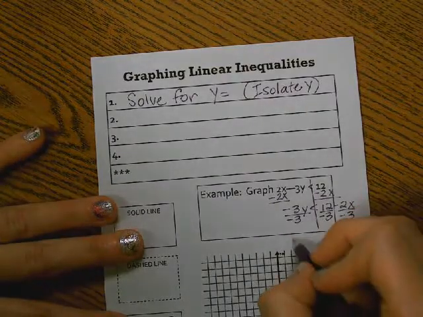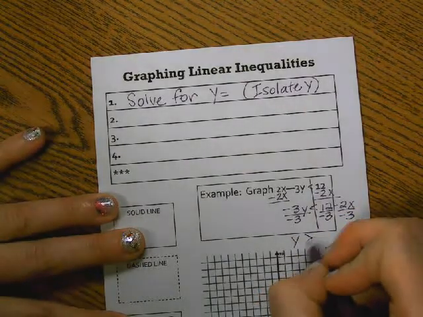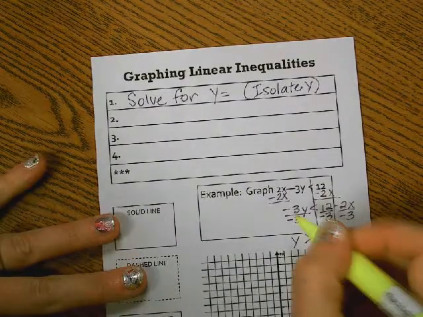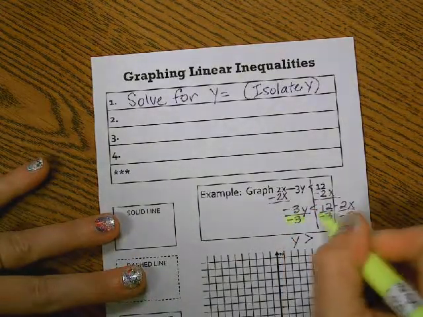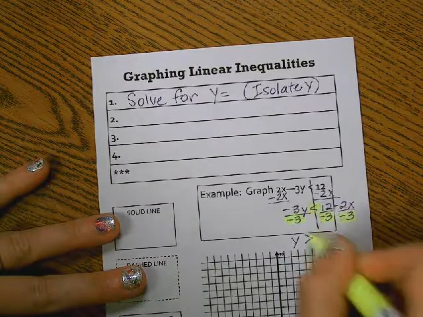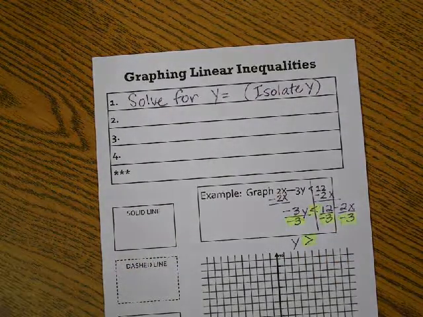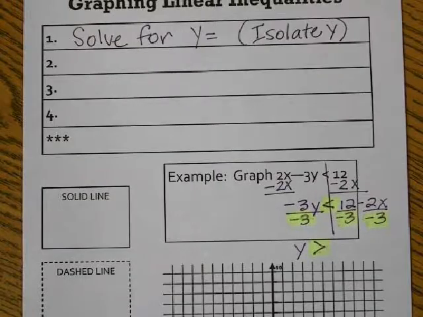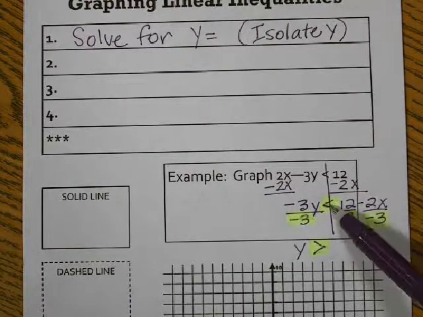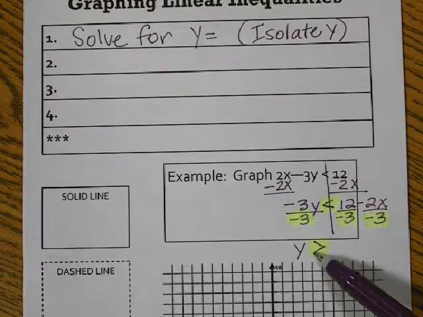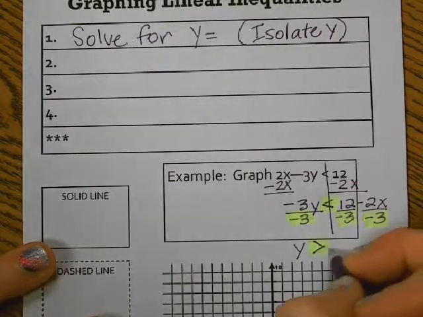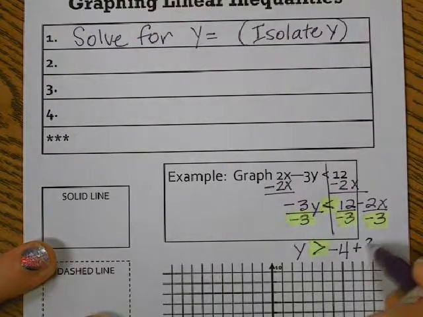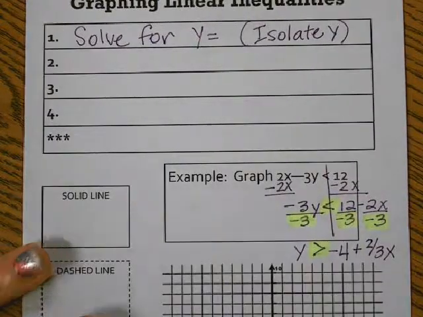And so when you're done, you get y is greater than, why is it greater than? That's because anytime we divide by a negative or multiply by a negative, we have to follow that golden rule, remember? So we divided by a negative, so we have to flip the sign. So it was less than, and now we flip it. 12 divided by negative 3 is negative 4, and this becomes positive 2/3 x.